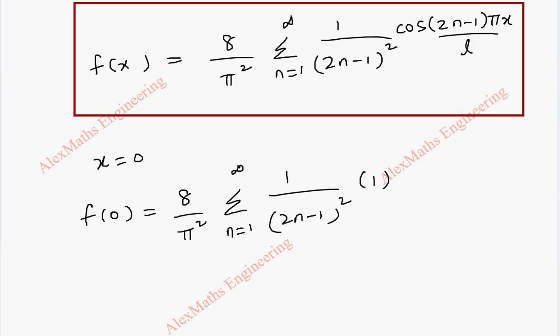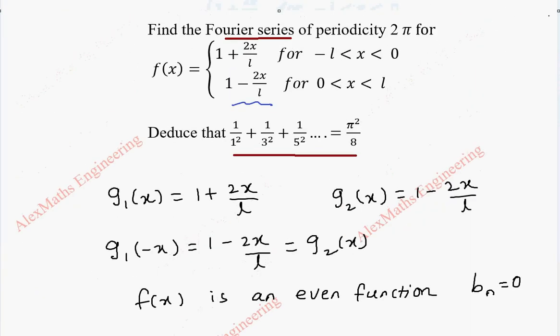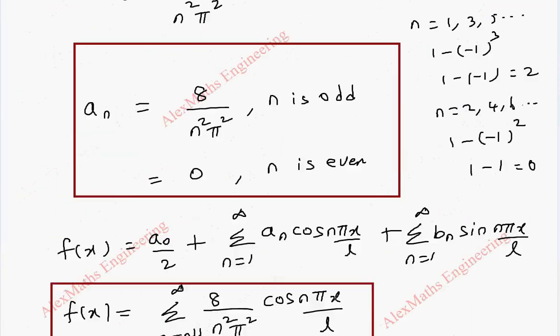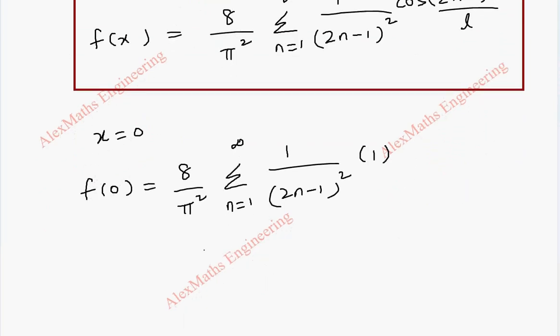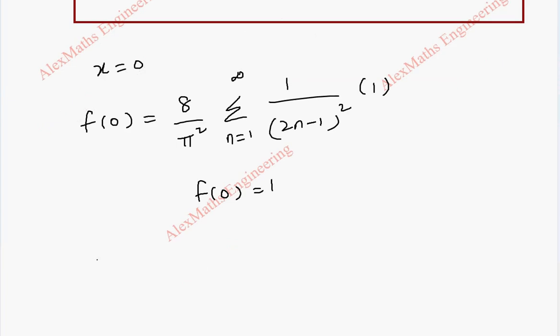And f of 0, from the function we see 0 here and here. When x is 0, I always get 1. So we are going to get f of 0 equal to 1. So using that, 1 equal to 8 by pi square summation 1 by 2n minus 1 whole square. This is from n is equal to 1 to infinity.